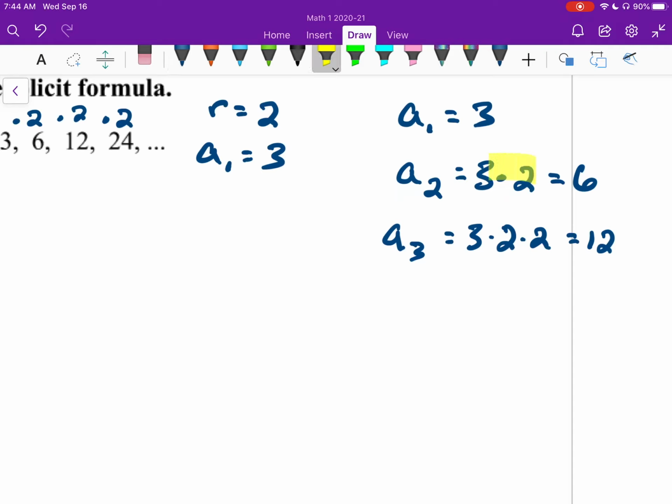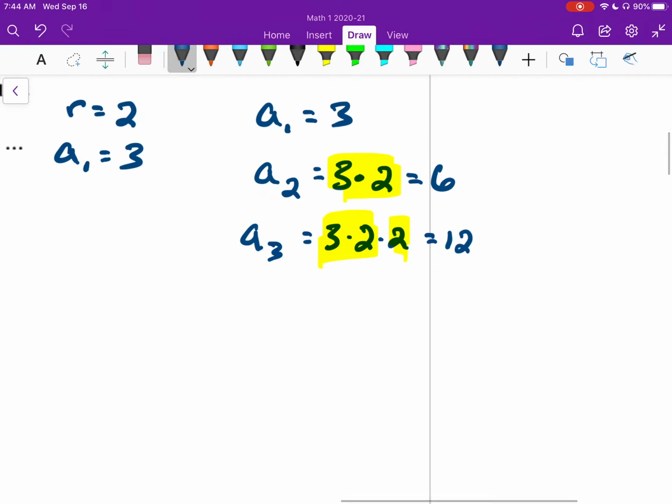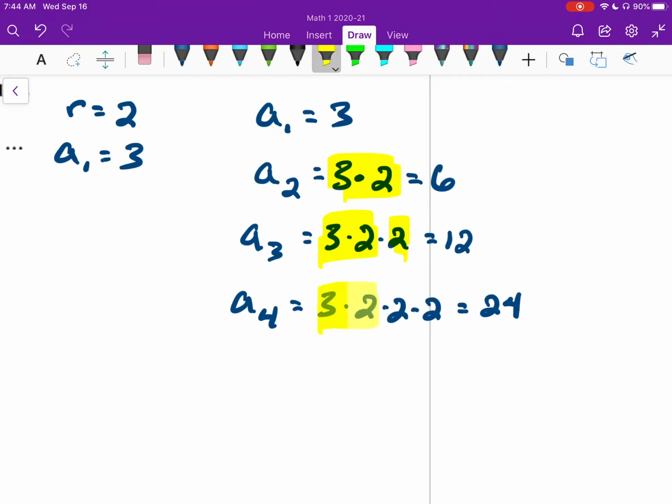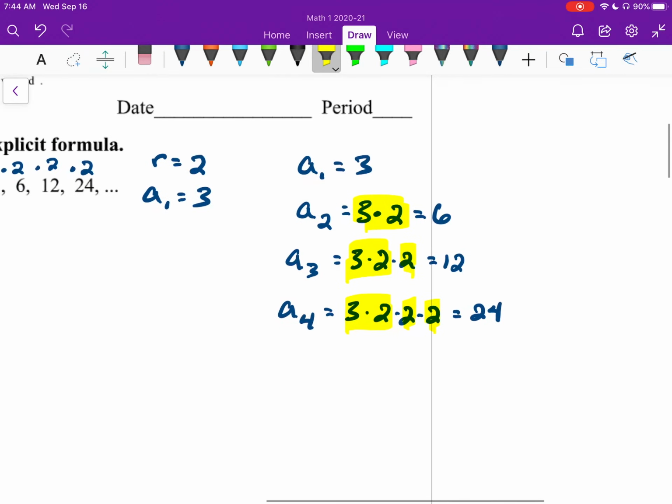All I did was take this 3 times 2, and then put another 2. Same way, a sub 4 is 3 times 2 times 2 times 2, which is 24. Again, we've got the 3 times 2, and then times 2 times 2. So we're going to use this idea to find our real formula.